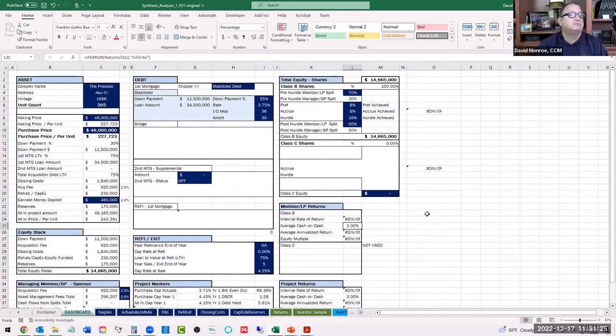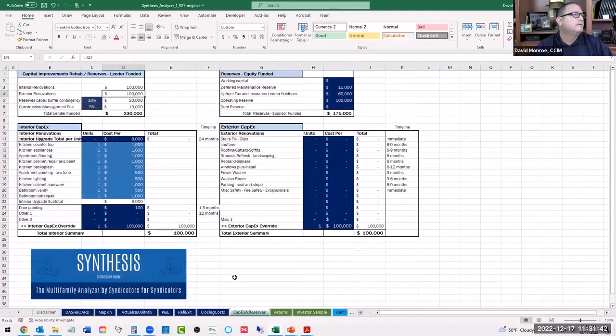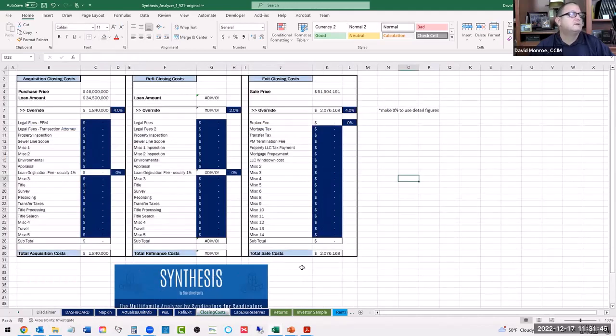Wow, that's interesting. What's our loan data? That's the CapEx, closing costs.